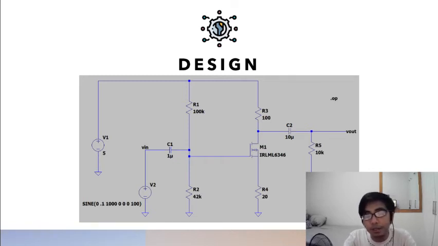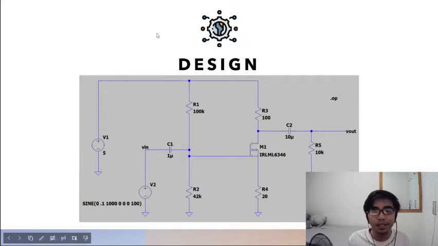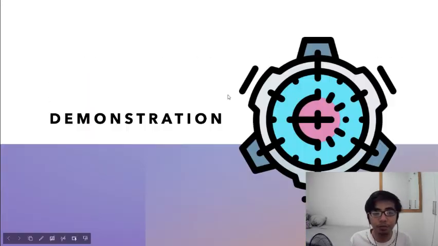But for the MOSFET, the FET controls the flow of current by the application of a voltage to the gate, which in turn inhibits the conductivity between the drain and source. So they're known as unipolar transistors. Let's move on to the demonstration.